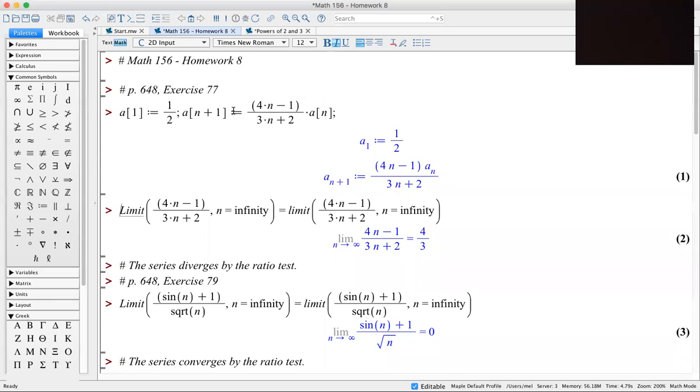And we want to know whether the infinite series converges.